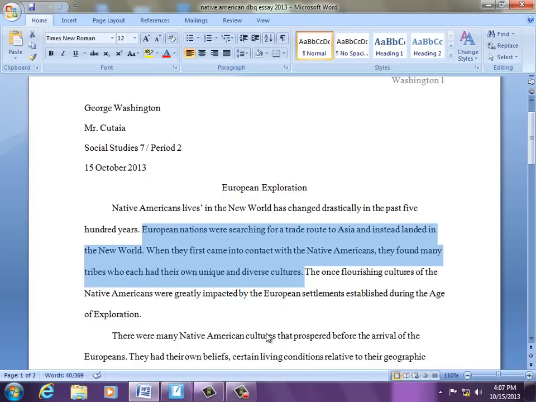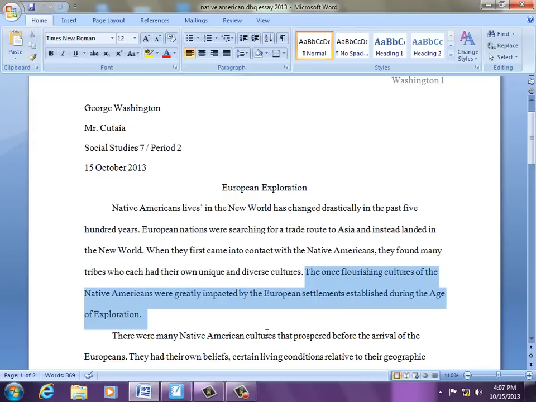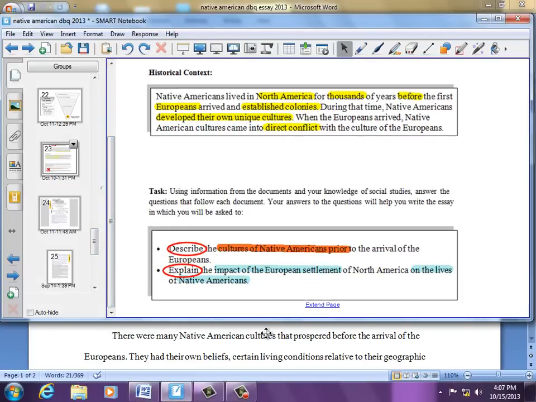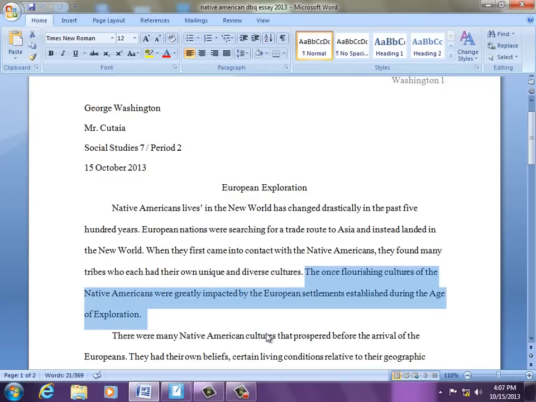When they first came into contact with the Native Americans, they found many tribes who each had their own unique and diverse cultures. And then lastly, you take your task, which are the 2 bullets describing the cultures of Native Americans prior to the arrival of Europeans and explaining the impact of these European settlements on the lives of the Native Americans, and combining it into one sentence. The once flourishing cultures of the Native Americans were greatly impacted by the European settlements established during the Age of Exploration. This idea you'll be addressing in both body paragraphs.